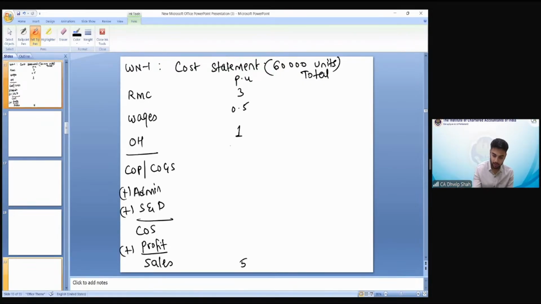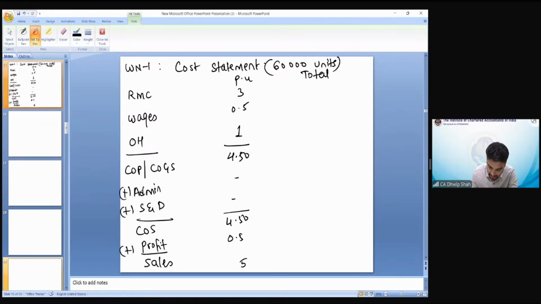Yes or no? So my cost of production, COGS per unit comes to 4.5. Is there any information on admin and selling and distribution? Tell me, is there admin and selling and distribution expense anywhere? No. Nowhere it is mentioned about admin and selling. So we will not write, we will not consider. So my cost of sales comes to 4.5.